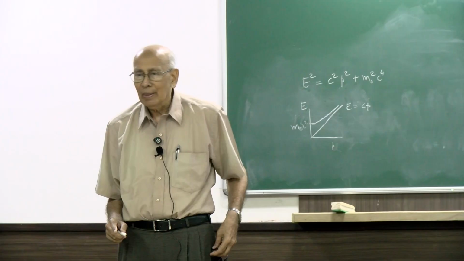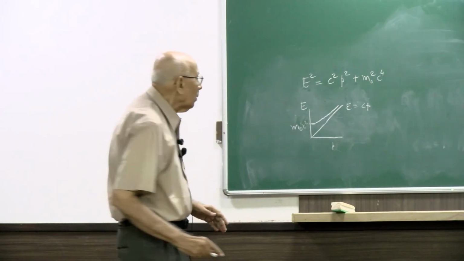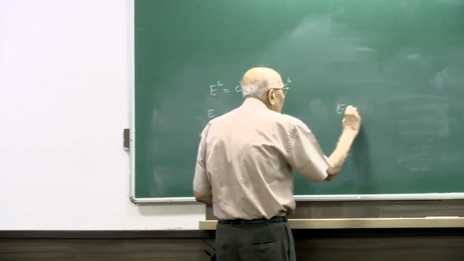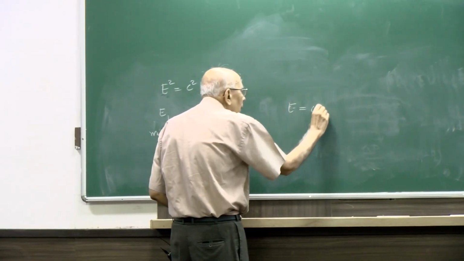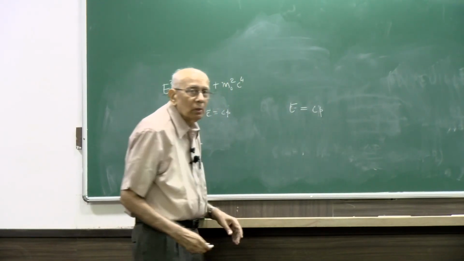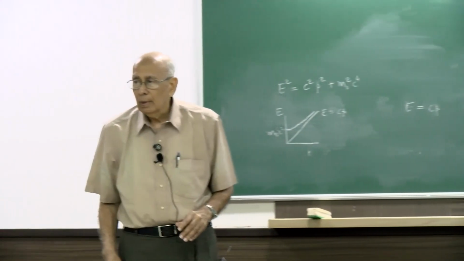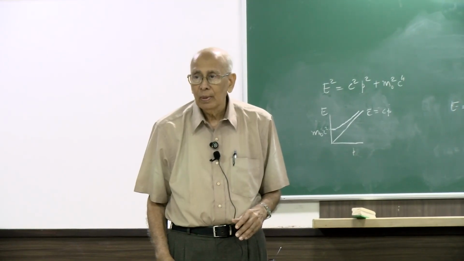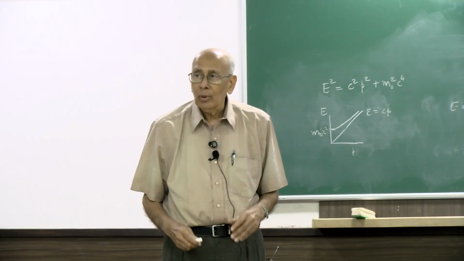It means something, but it's misleading. You know the formula E equal to cP for a photon. The energy is linearly proportional to the momentum for a photon in magnitude. You're familiar with this formula? Yes or no? No? You know it in another form, except you don't know that you know it.